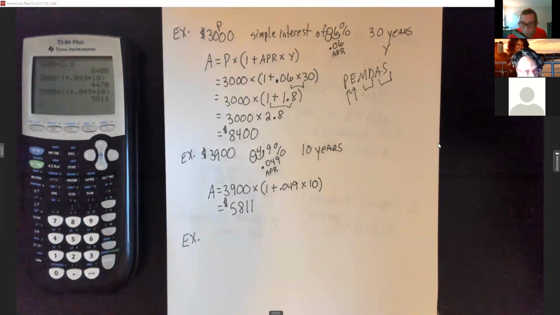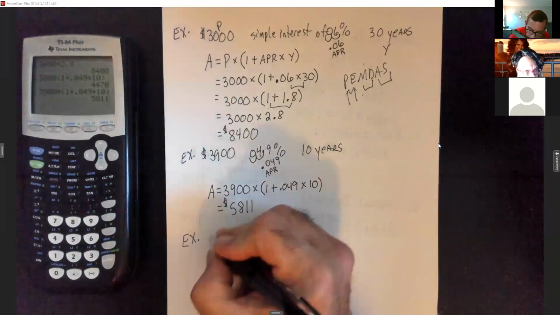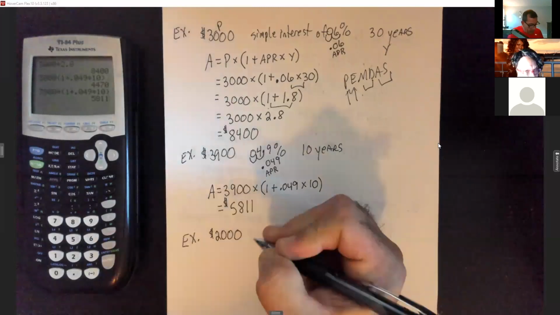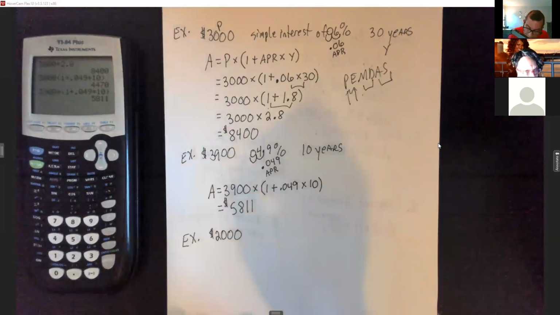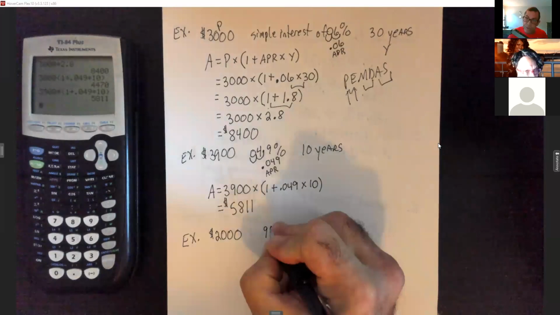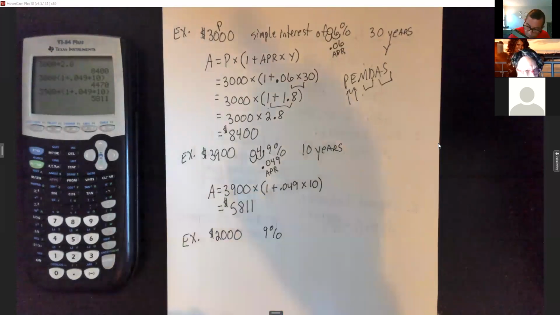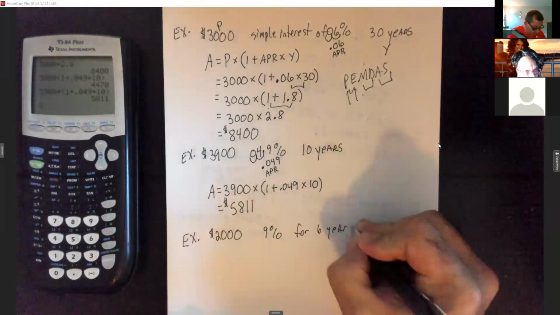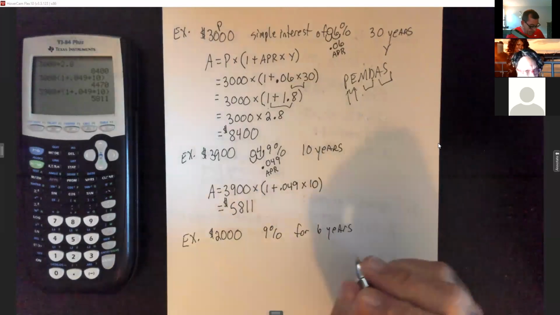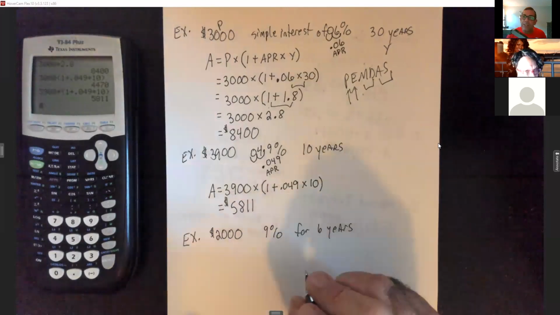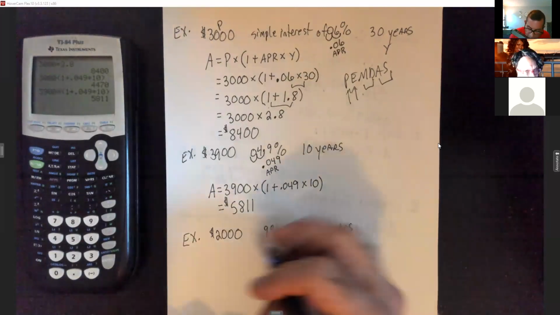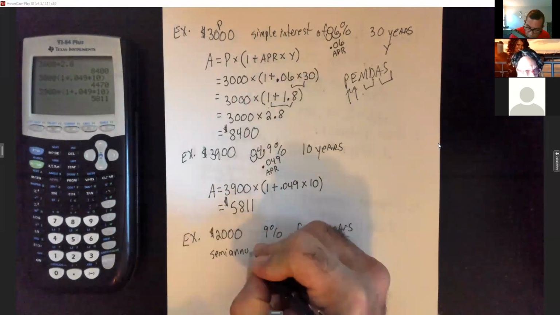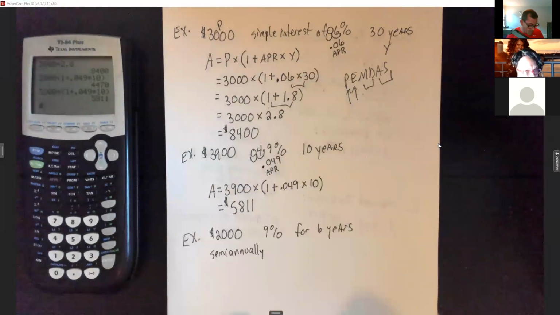All right, y'all, $2,000 is invested at an annual percentage rate of 9% for 6 years. If interest is compounded semi-annually, what is the amount after these 6 years?